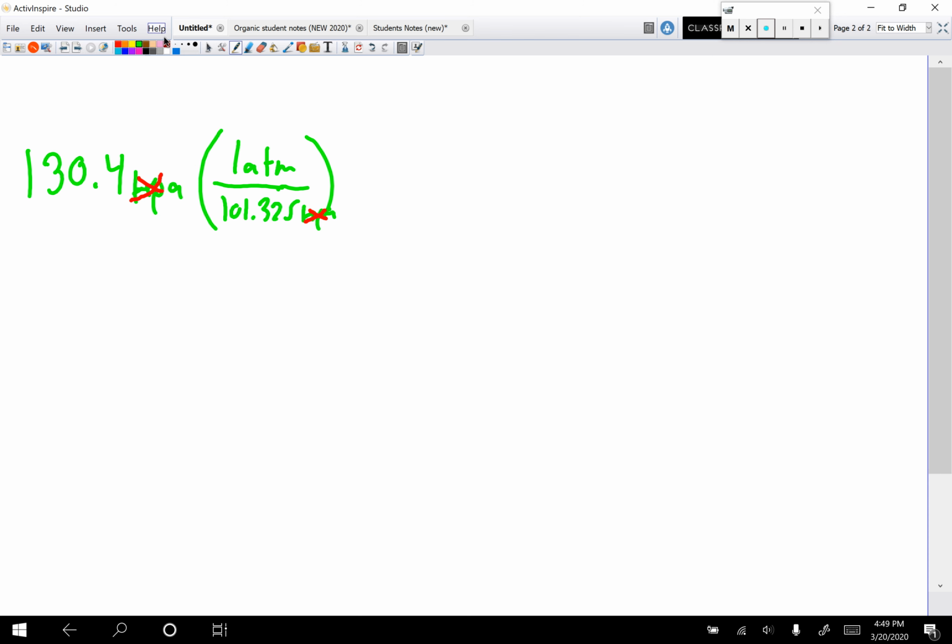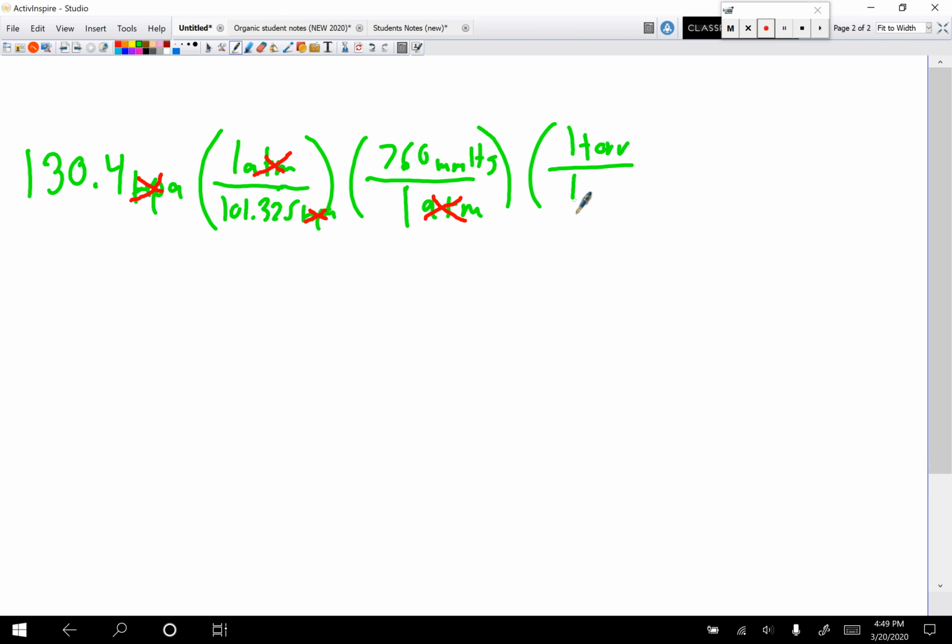To get rid of our atmospheres, we would go down the line, and we convert 760 millimeters of mercury is equal to 1 atmosphere. This way, our atmospheres can cancel out. However, then we're left with millimeters of mercury, but luckily 1 torr is equal to 1 millimeter of mercury. Because they're just ones, you didn't really need to show this step, but it is handy.